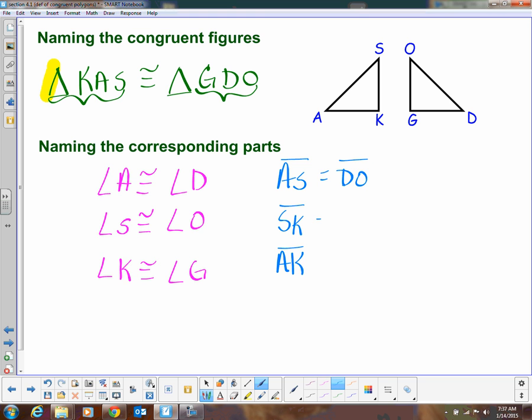All right, SK. OG. Because S was first, O has to be first. AK? Okay, got to correspond. A came first. DG. All right? Everything we do is going to be this picky. And you're going to be doing tons of this entire chapter.